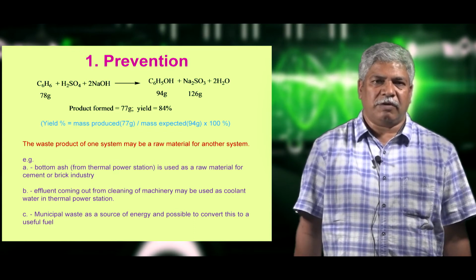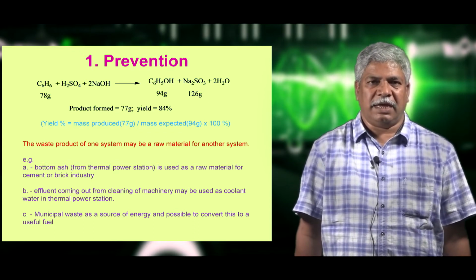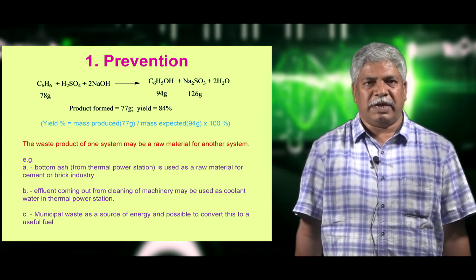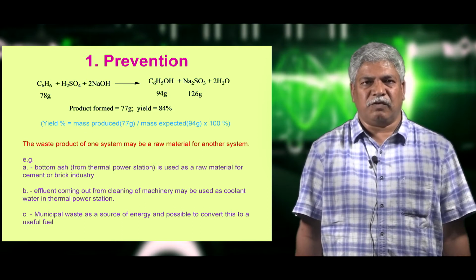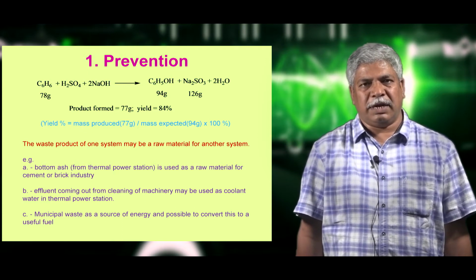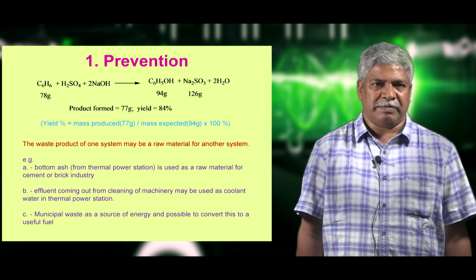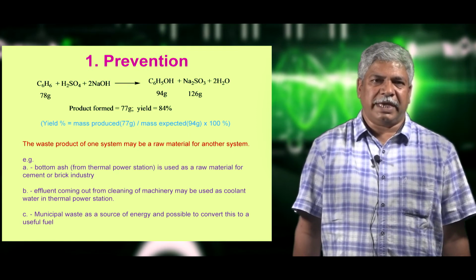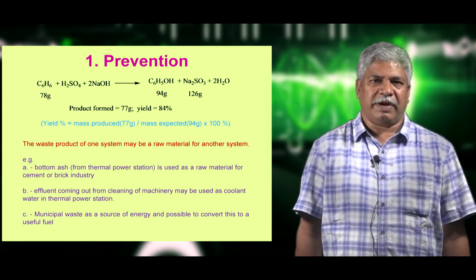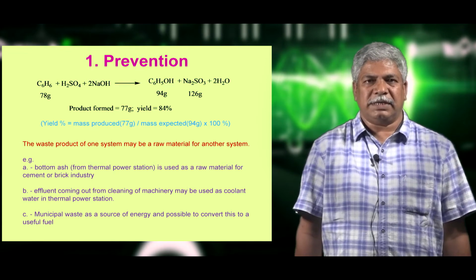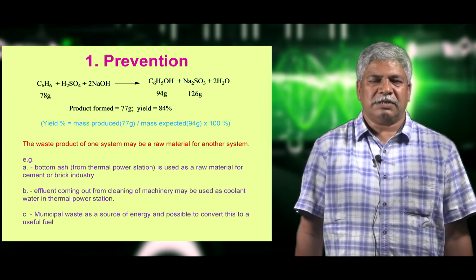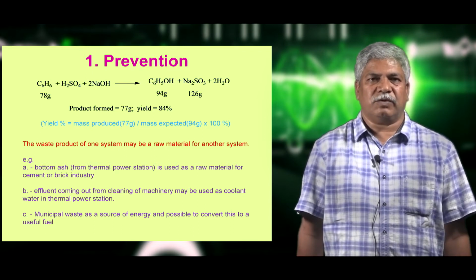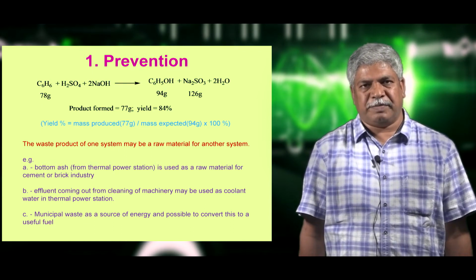The molecular weight of benzene is 78 and of phenol is 94. So if we take 78 grams of benzene, the expected product yield should be 94 grams. The other products in this reaction are sodium sulfite and water. With 94 grams of phenol, some 126 grams of sodium sulfite is also expected.